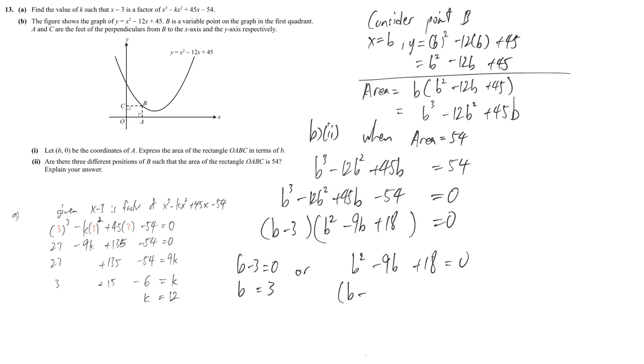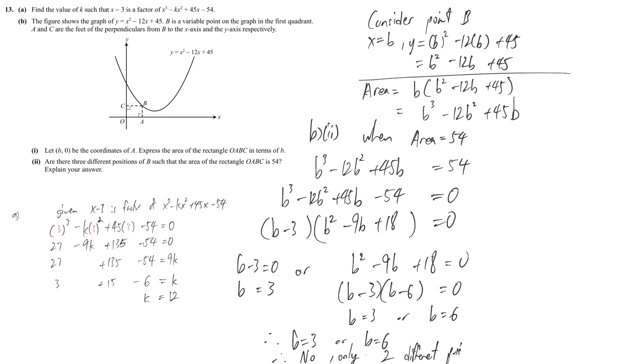And this quadratic we may factorize: b minus 3 and b minus 6 equal to 0. So b is equal to 3 or b is equal to 6. Even though it looks like there are 3 roots, basically 3 is repeated, so we just count it once: b equal to 3 or b equal to 6. In these 2 situations, the rectangle area will become 54. But we don't have a third possibility. So are there 3 different positions? Our answer is no. Only 2 different positions fulfill the requirement.